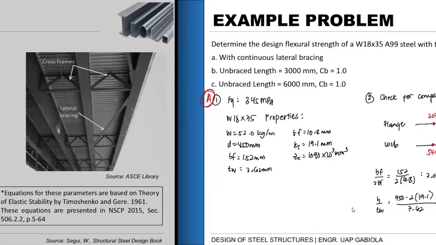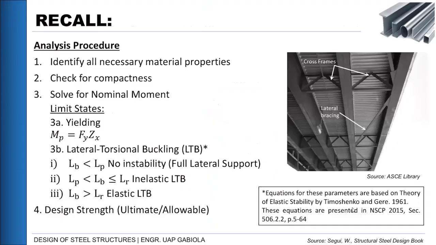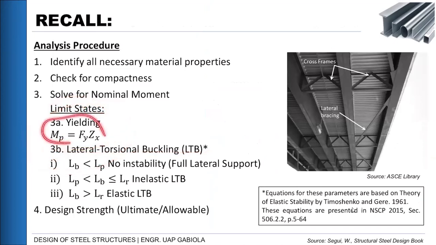So this is our previous example, the first one, the condition with continuous lateral bracing. When our lateral bracing is continuous, it means our LTB is neglected. So in this step, in our limit state, the LTB is gone right away. So our yielding, our nominal moment, is based only on the value of the plastic moment.